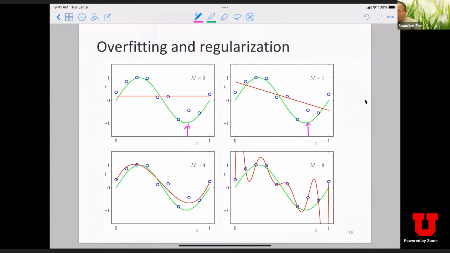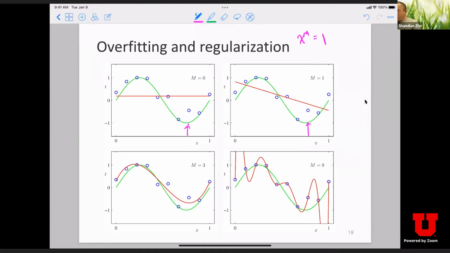And these red curves are the estimated curves using maximum likelihood estimation of the weights. So when m equals 0, the highest order of the polynomial is just 1, meaning that your regressor function will be a constant. That's why you see this red curve is just parallel to the x-axis.